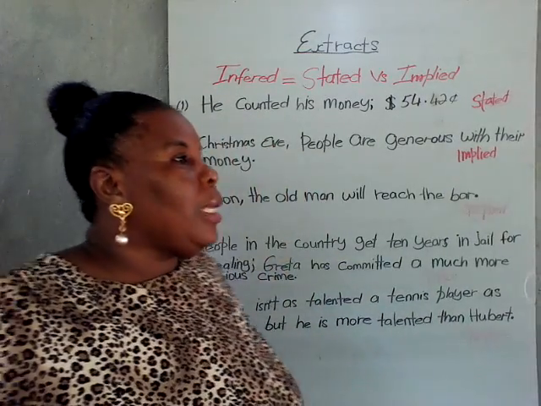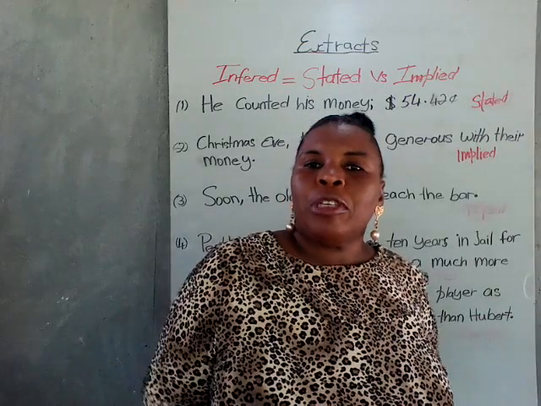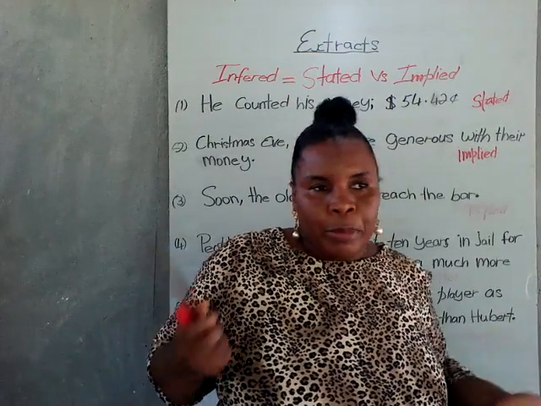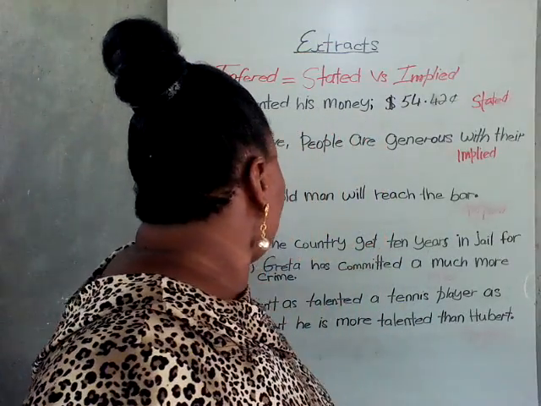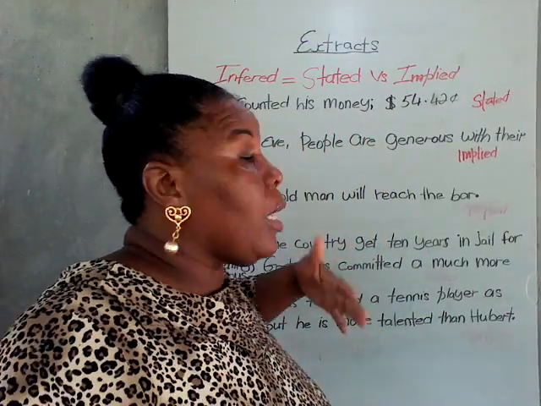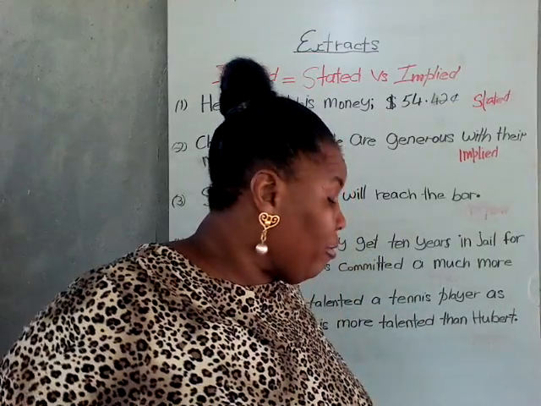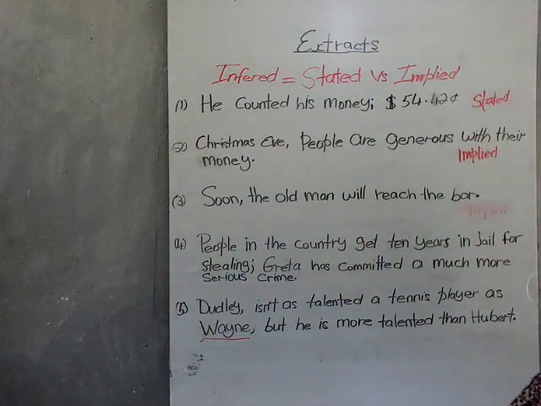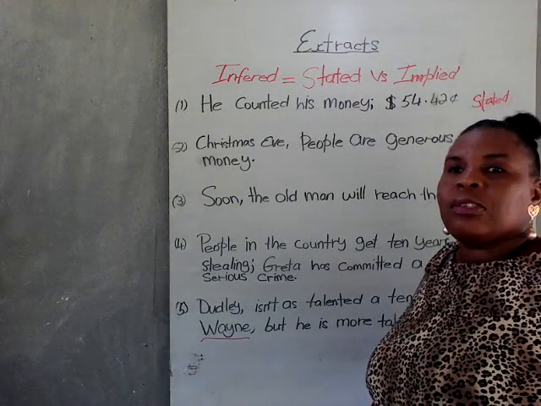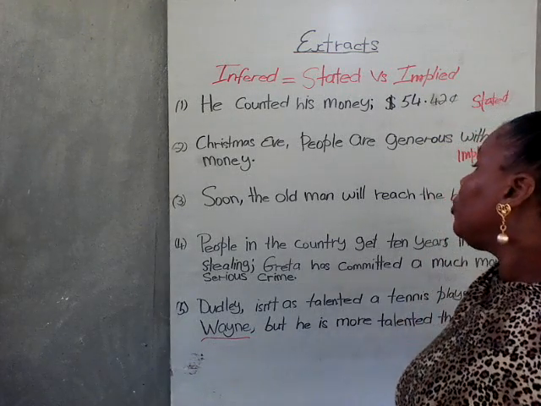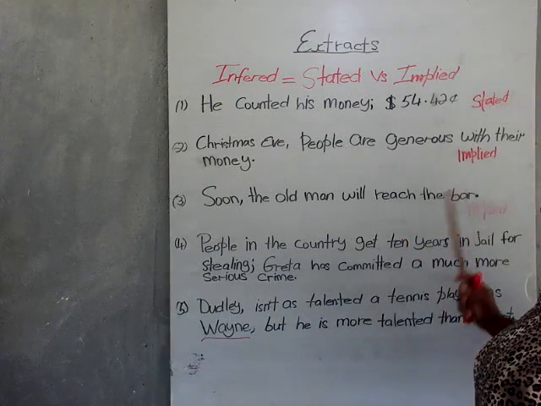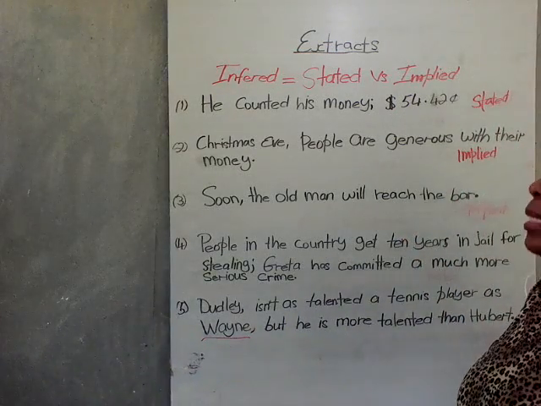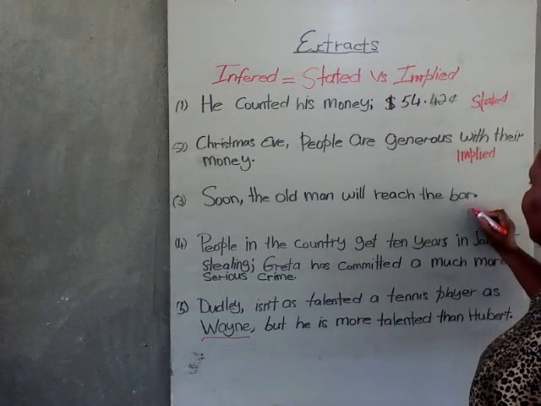If he's an old man, he might be walking very slow compared to a younger person who might walk much faster. Not that some old people can't really walk fast. All right? But the fact that it mentioned that he's an old man, the possibilities are that he will be walking very slow. And we don't know how far the bar is that he's going to. So in this case, the sentence is implied.